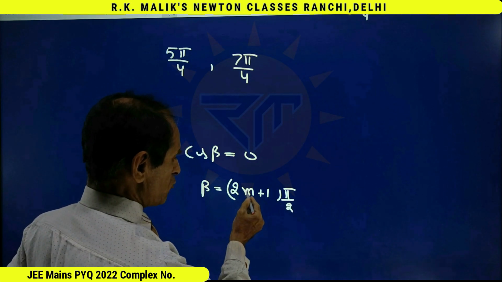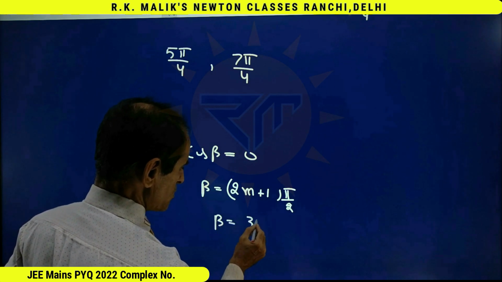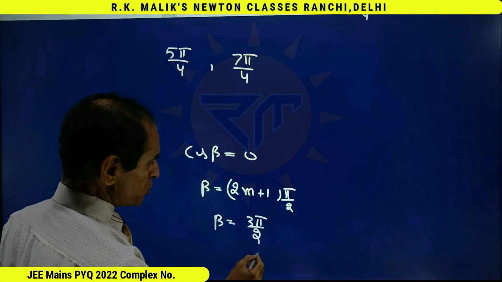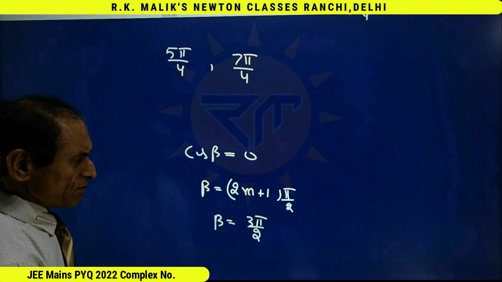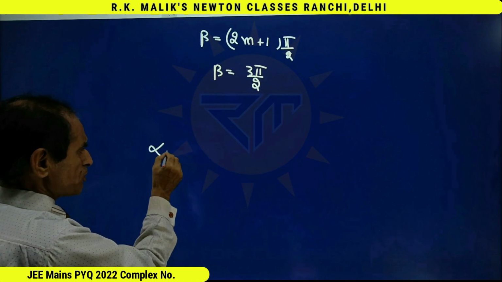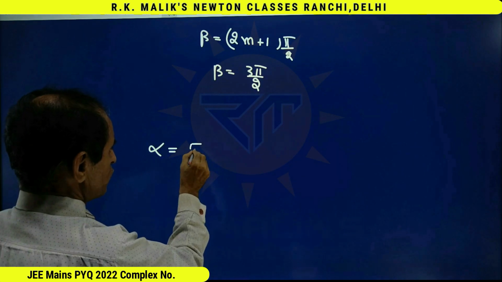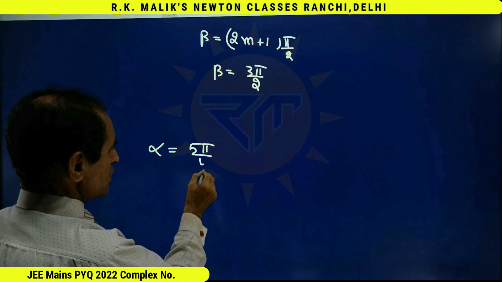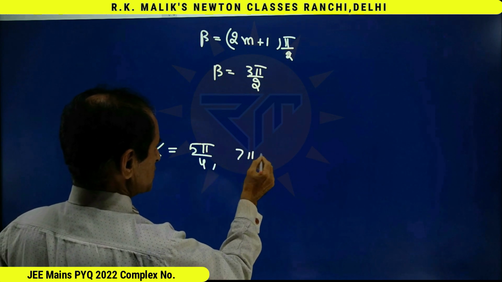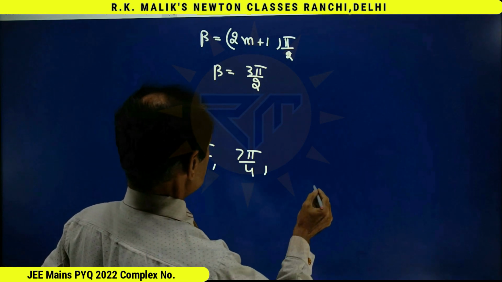Clearly, for m equal to 1, I will get the value of beta as 3 pi over 2, and it lies in the interval pi to 2 pi. Hence, all possible values of alpha are 5 pi by 4 and 7 pi by 4, and all possible values of beta are 3 pi by 2.